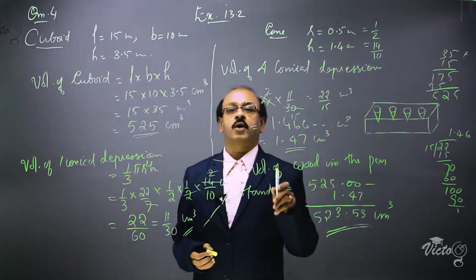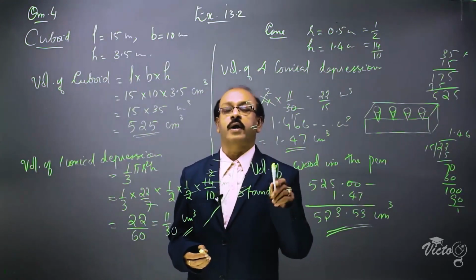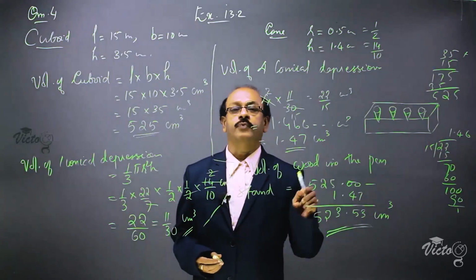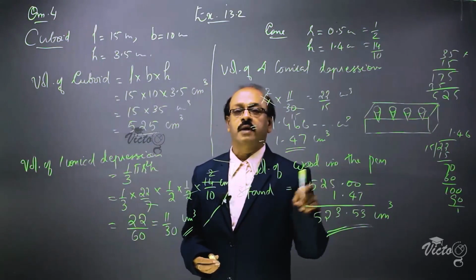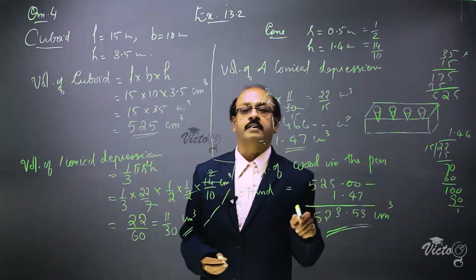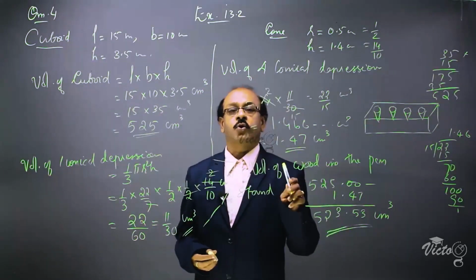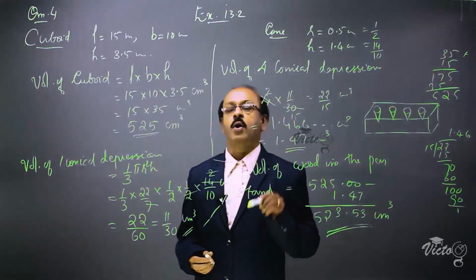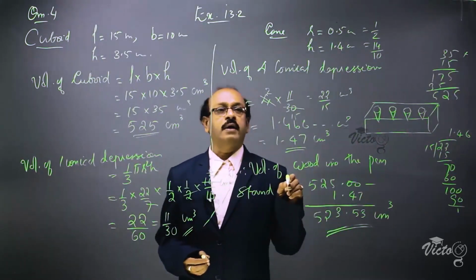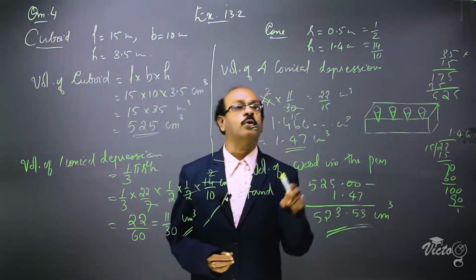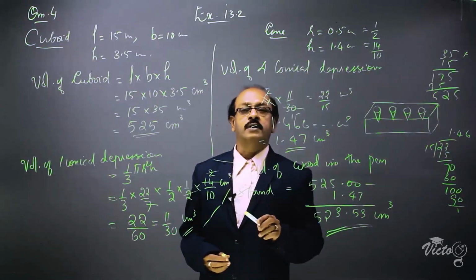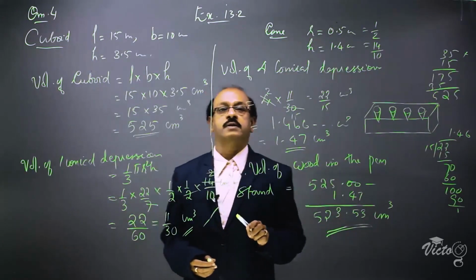The method we are adopting here is, first of all, we are finding the total volume of the cuboid, L into B into H. The three dimensions, length, breadth and height, are given in the question. Then we are finding the volume of the four cones. Volume of cone is equal to 1 by 3 pi r square h.